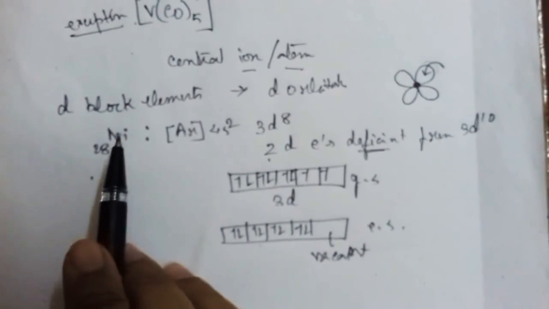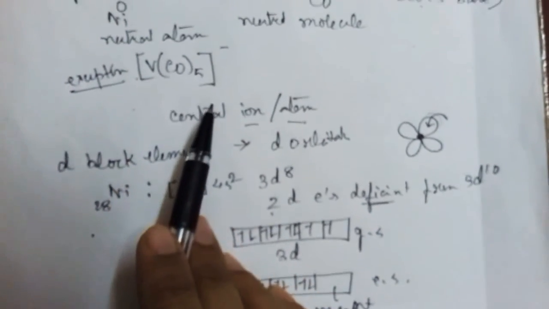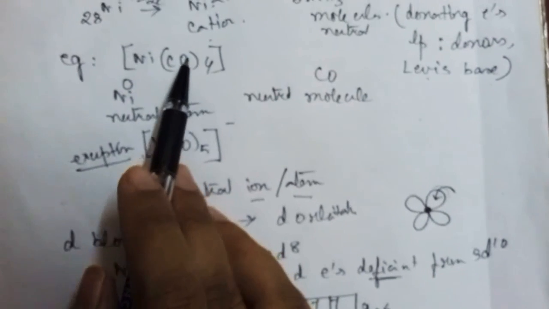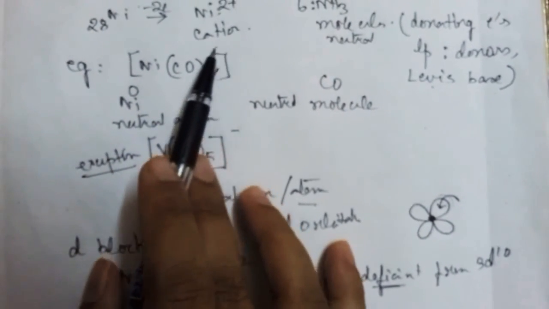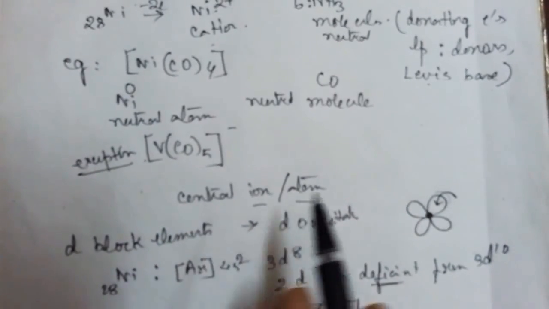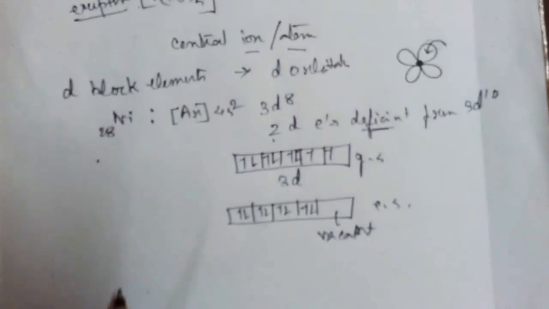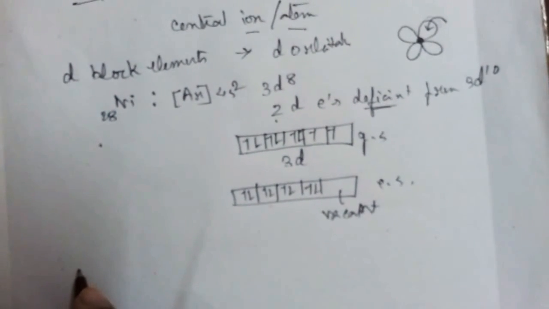So nickel or other d block elements can be neutral or negatively charged or positive, that is electron deficient, as we know from classical thinking. This all can have electrons accepted from other molecules or ions. So these are acceptors of electrons, right?